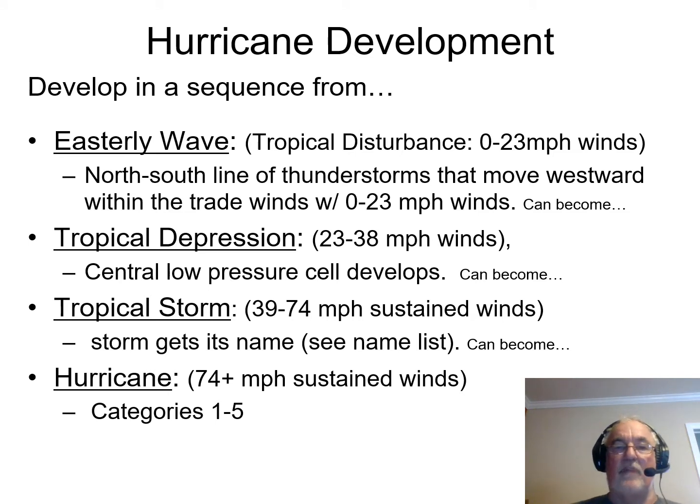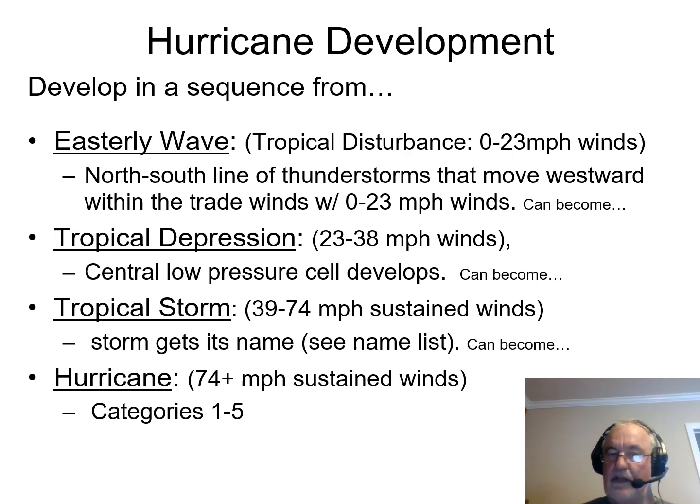If that tropical storm moves over cold water, it will die down. If it moves over land, it will die down. But if it stays over warm ocean water, it will continue to grow. And if it grows enough and spins enough to pull more and more moist air in, so that air goes upwards and condenses, it will form a hurricane when winds exceed 74 miles per hour on a sustained basis.